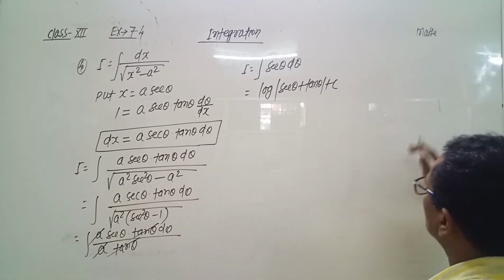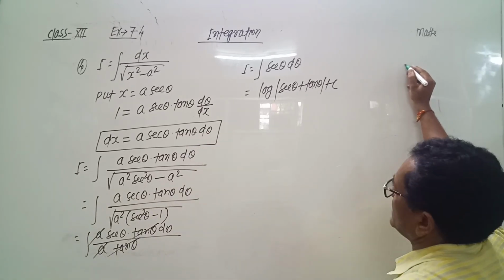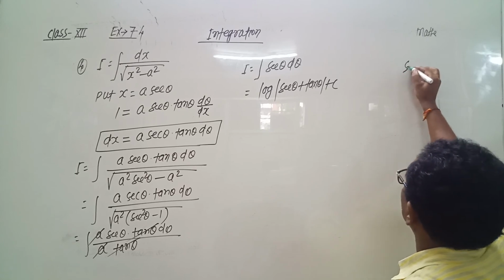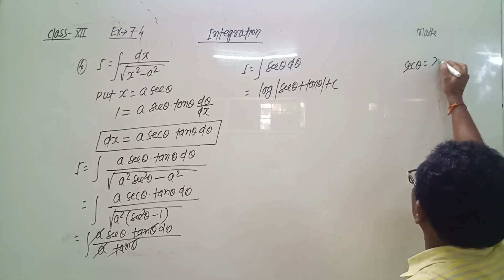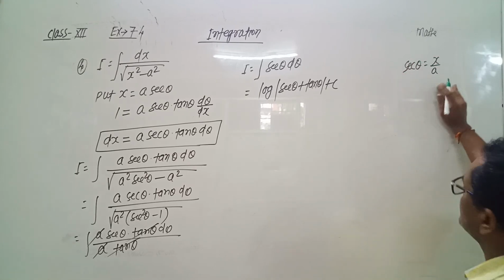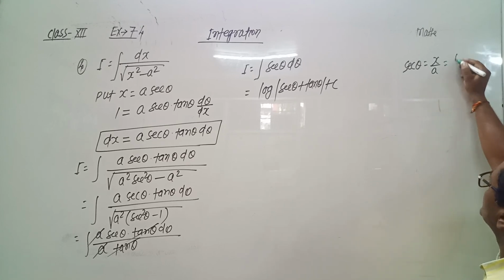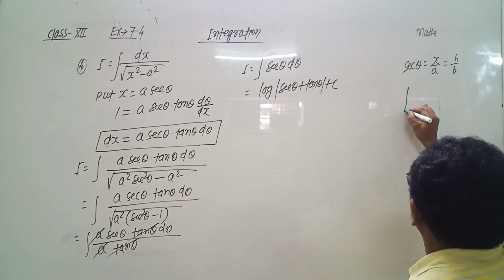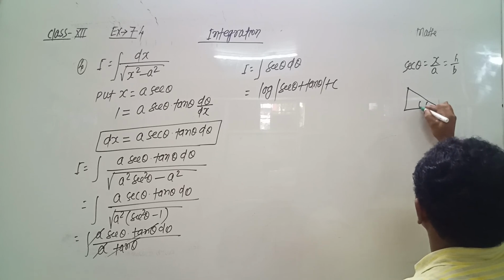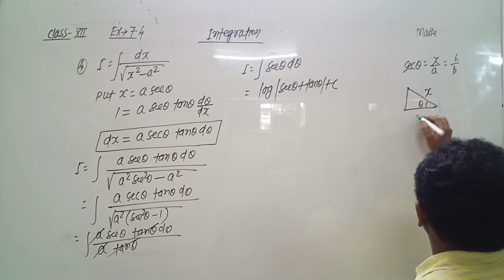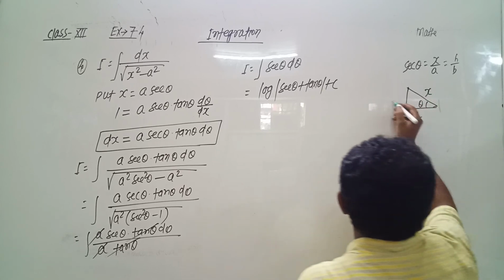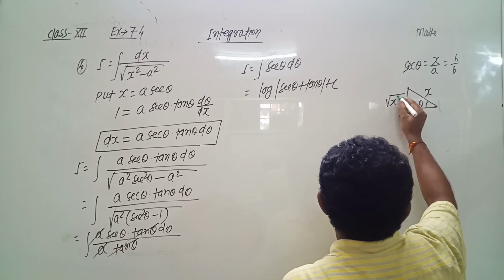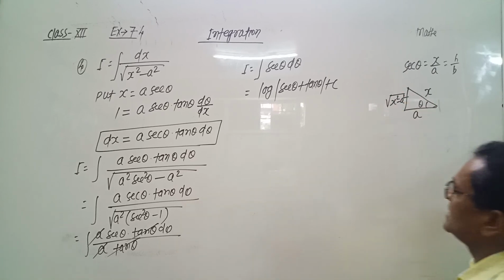Then x was equal to a sec theta, and sec theta becomes x by a, and we know sec theta equals hypotenuse upon base. So this is angle theta, hypotenuse is x, base is a, then perpendicular comes to be root over x square minus a square.